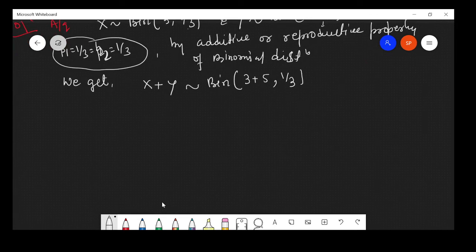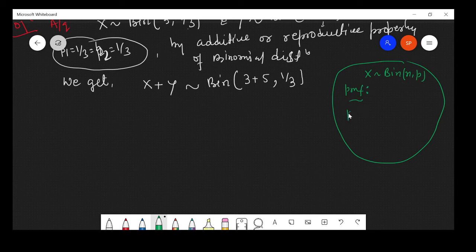Now in rough work, we know that if X follows the binomial distribution with parameters n comma p, then what is the probability mass function? Here we can write P of X equal to x is equal to nCx p to the power x q to the power n minus x, where x is equal to 0, 1, 2, dot dot n, and p plus q is equal to 1.